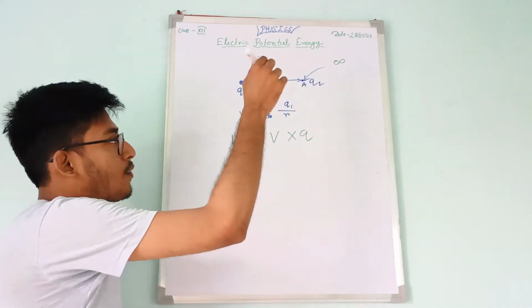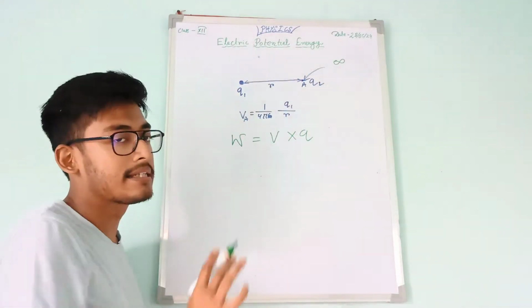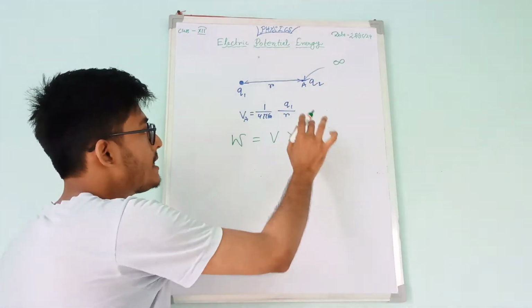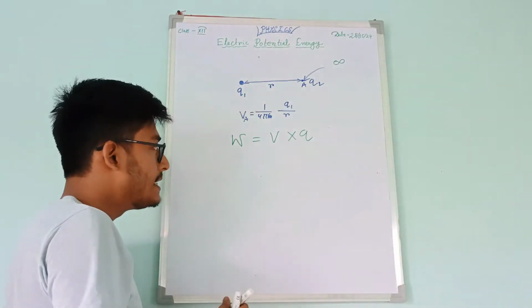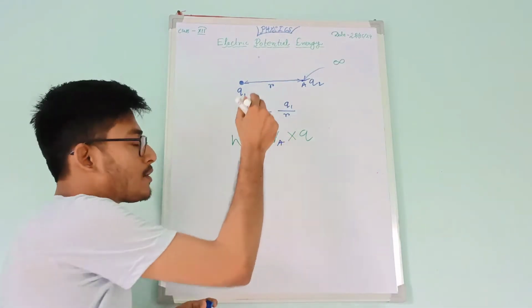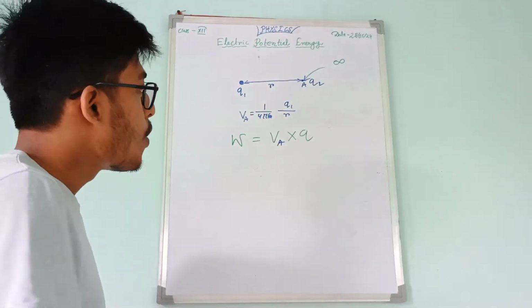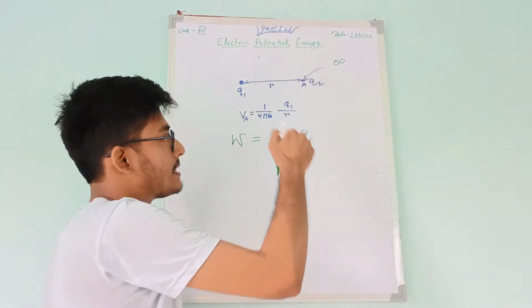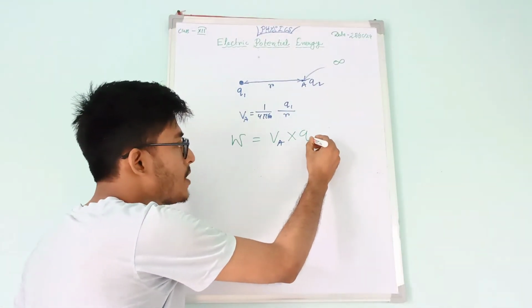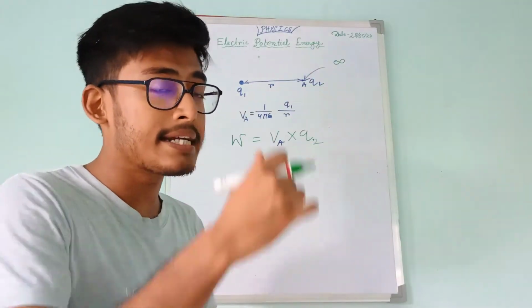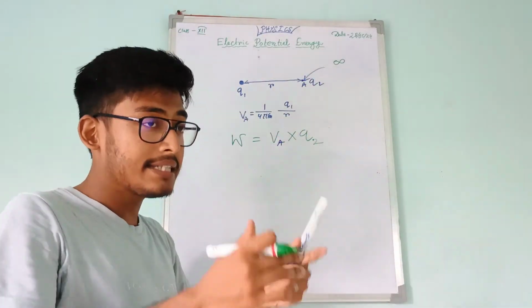Now, if we consider this particular example, what is V here? V is VA, because we are talking about a point. And what is the charge? Here the charge is Q2, because we are bringing charge Q2 inside the electric field of Q1. That is the point.